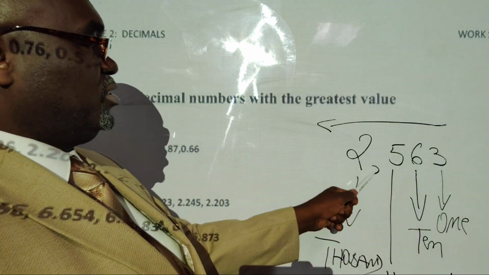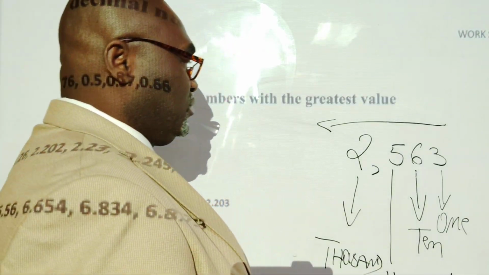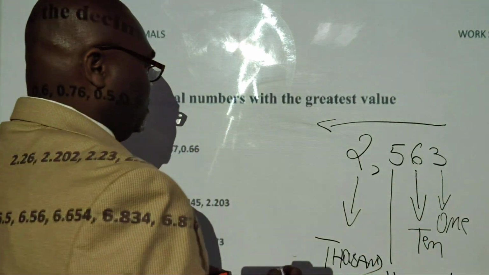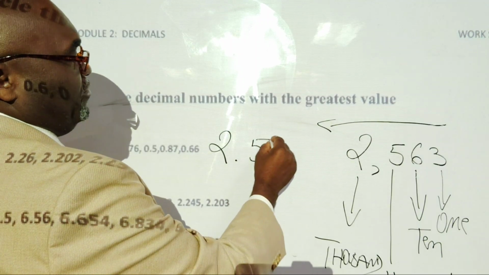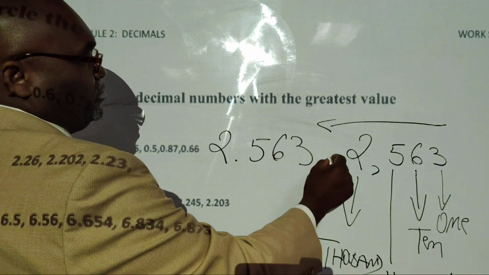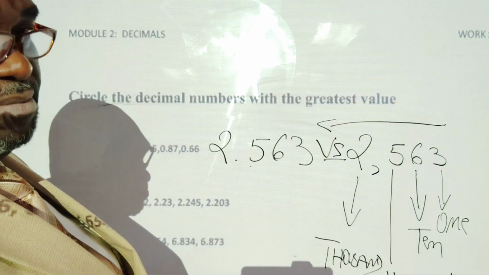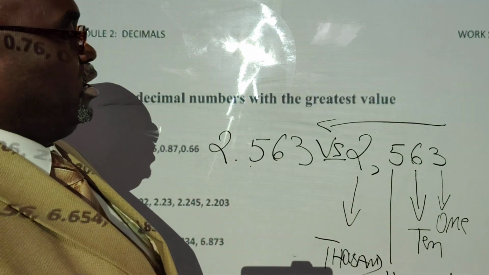Now, let's change this. Let's make this directly a decimal number, 2, 5, 6, 3. I want you to see the difference between this decimal number and that one, which is a whole number.